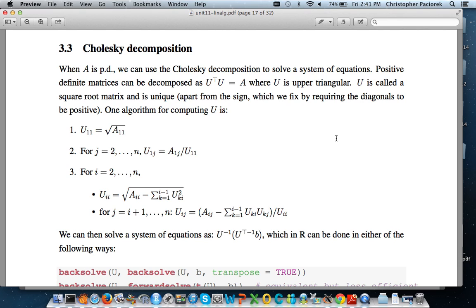So if you do have AX equals B, then either I can get to LU X equals B, and now this is going to be L inverse B, U inverse B. So here's a forward solve, and then the result of this is a vector, and here's a back solve. Each of those is going to be n squared over 2, so for that one, and then this one is going to be n squared over 2.